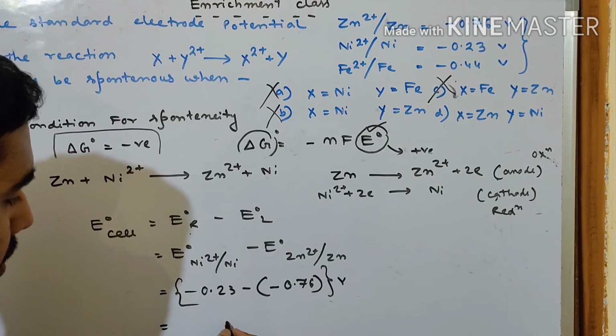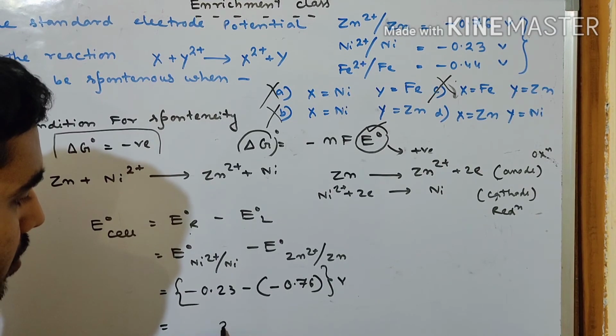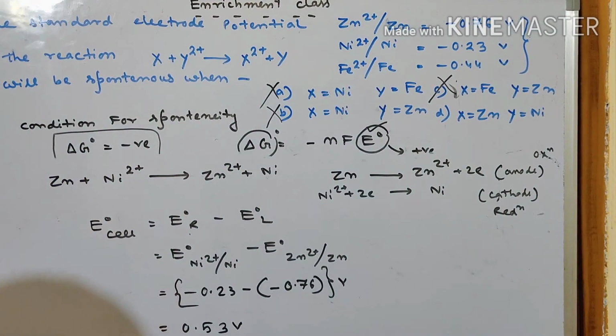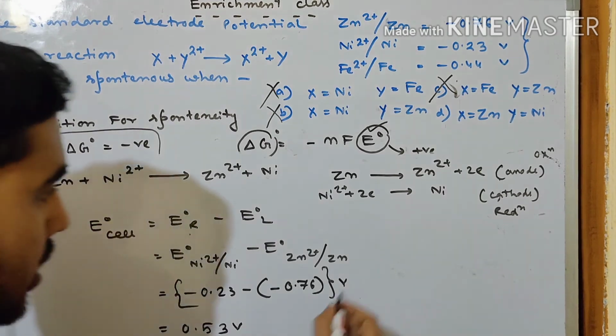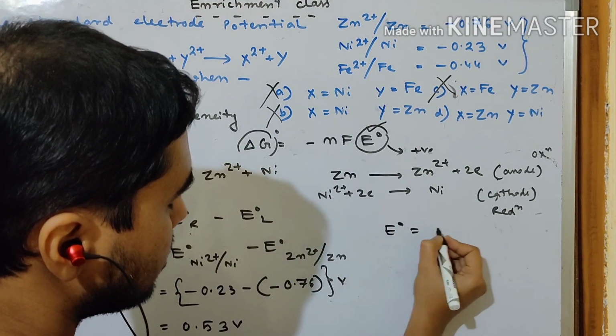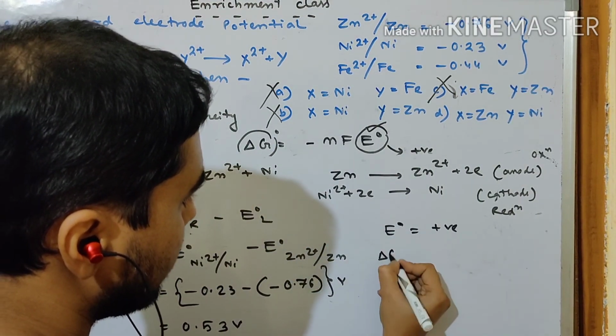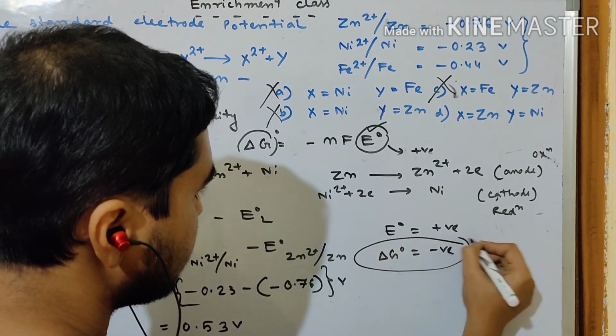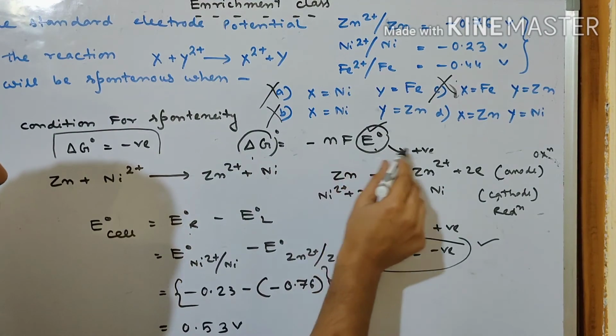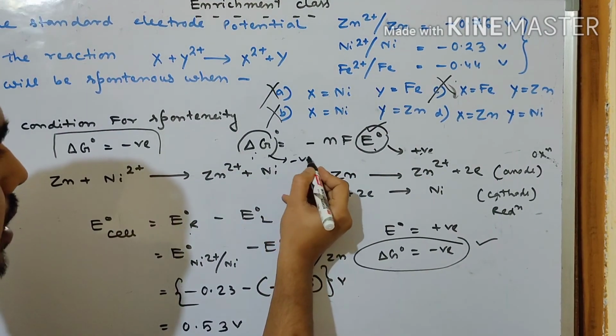So here we are getting 0.53 volt, a positive value. Since E0 is positive, delta G0 should be negative. We can expect this because if this is positive, this should be negative.